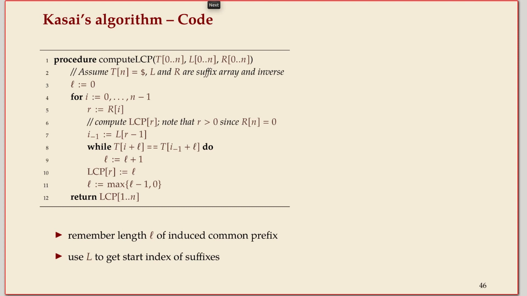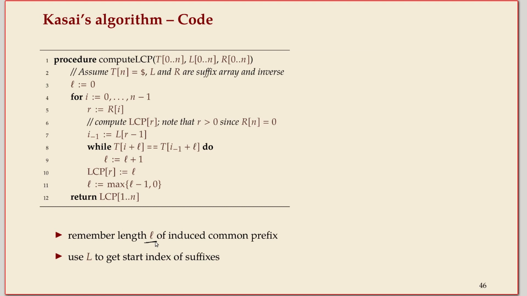If you write this up as proper code, this is what you would get. I don't want to discuss this because I think the example is much clearer, but I wanted to put the code here to emphasize that this is a really straightforward algorithm to implement. It's very simple to code. The only trick really is you remember L, the length of the last common prefix that you matched.